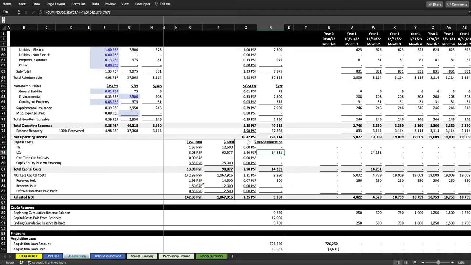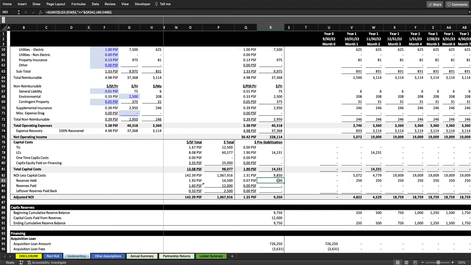And this is, again, just for illustrative purposes. You can see what you're operating at pre-stabilization, your NOI less capital costs. So this is taking all of the months pre-stabilization and adding it together. So you have month 2 and month 1. Because you're stabilizing so soon thereafter, that's going to be $9,850.